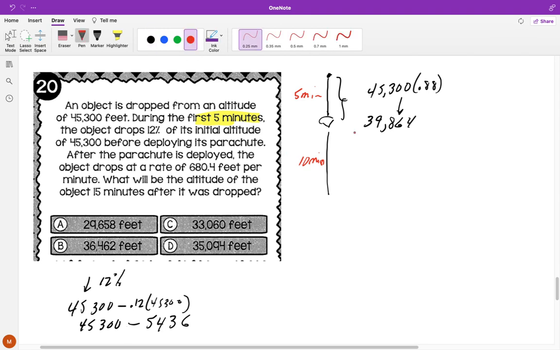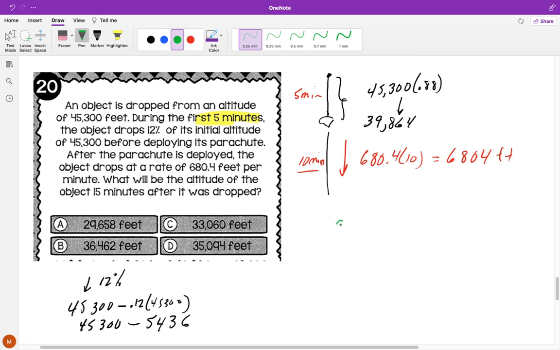Now from here, it's not free falling anymore. It is now dropping at 680.4 feet per minute. And we know that we're falling now for 10 minutes. So I'm going to do 680.4 times 10, which is equal to 6,804 feet. So that means it dropped an additional 6,804 feet.